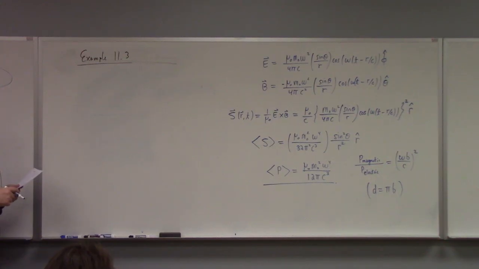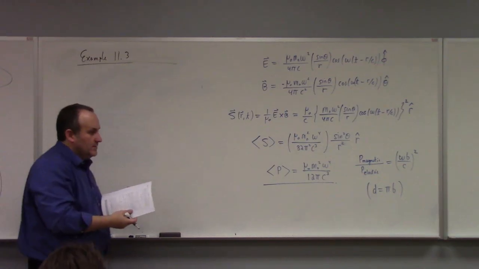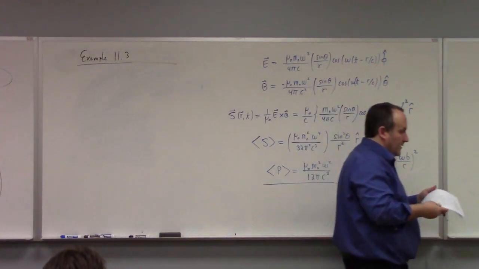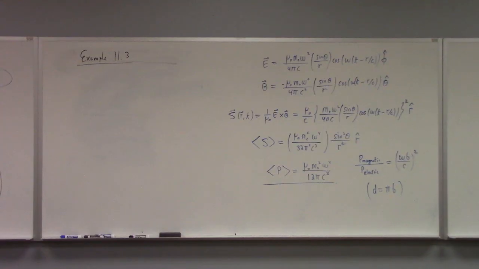Find the angular distribution of the radiation. This is following his discussion on page 490, where I think this is from something called the Lienard formula.